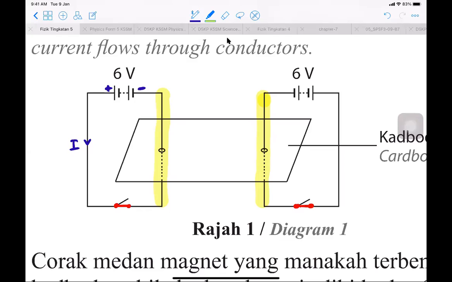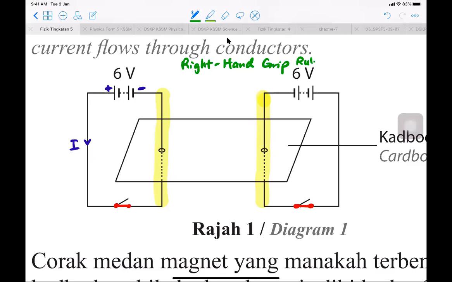Left? Oh no, right. Right hand rule. Right hand grip rule. Yes, we will be using the right hand grip rule to determine the pattern of the magnetic field around the wire.